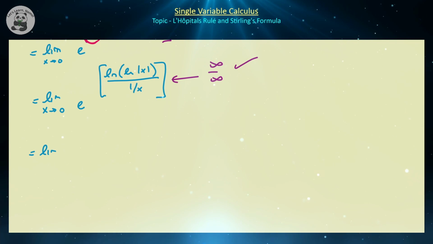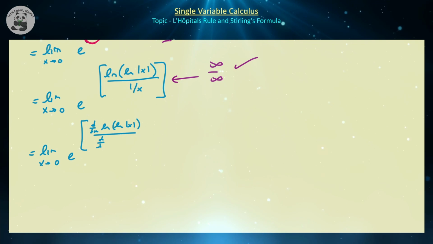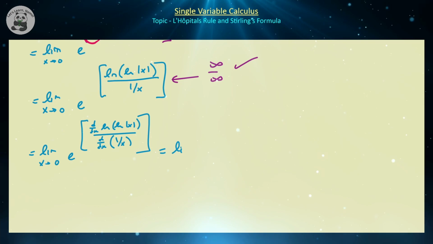So this is going to give me what? So that's going to give me the limit as x approaches 0 of e to the derivative of the natural log of the absolute value of x, and the derivative of 1 over x, right? And that's going to come out to what? So the top is going to be a double chain rule.